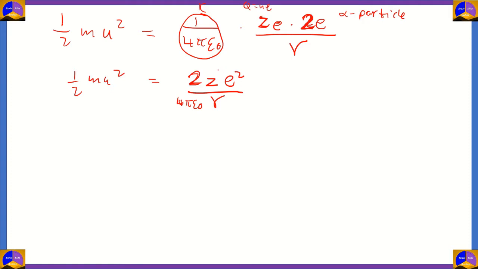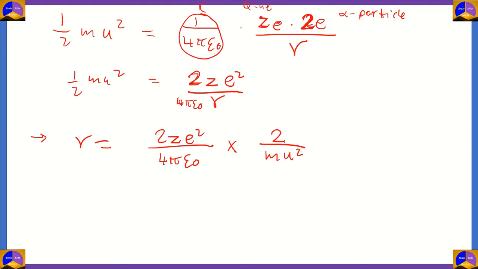So now we're going to take r to the left hand side, and everything else on the left hand side comes over here. So the value of r is equal to 2Ze squared divided by 4 pi epsilon naught into 2 divided by m u squared. 2 times 2 is 4, and then you have Ze squared divided by 4 pi epsilon naught m u squared.